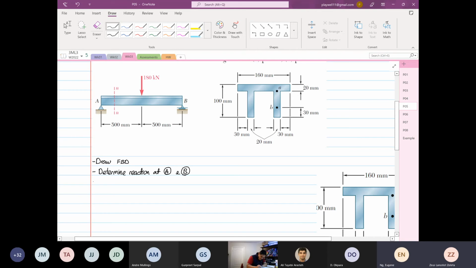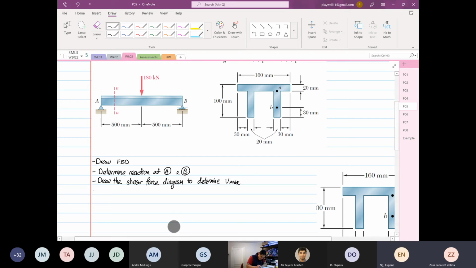And then we're going to draw the shear force diagram to determine Vmax. Okay, to determine Vmax.